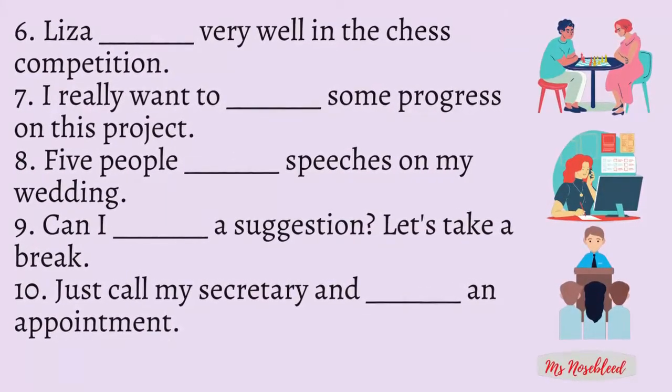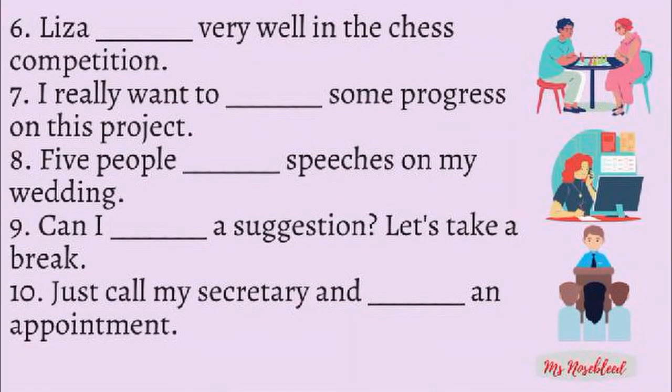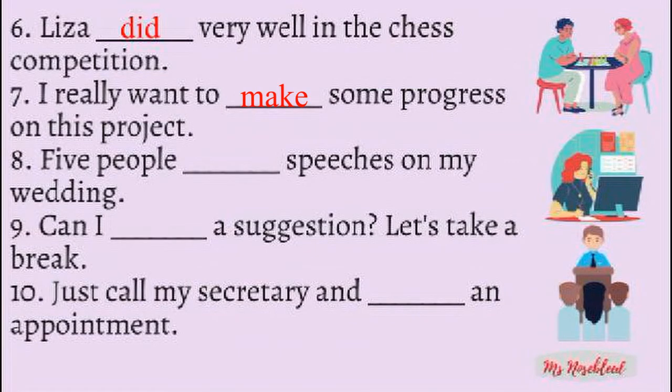Okay. Number 6, Lisa blank very well in the chess competition. What do you think? Very good. Did very well, not made, okay? Did very well. Okay, number 7, I really want to make some progress on this project.